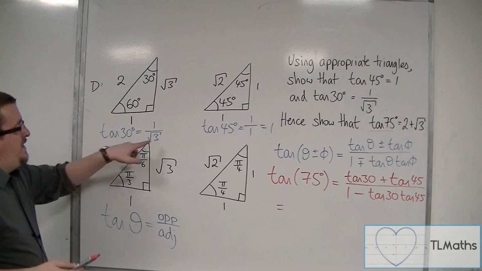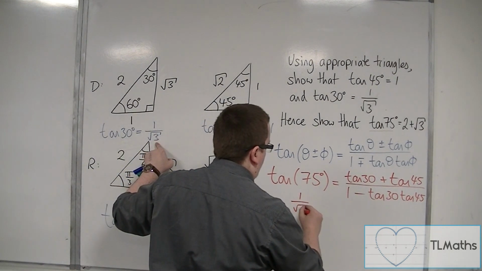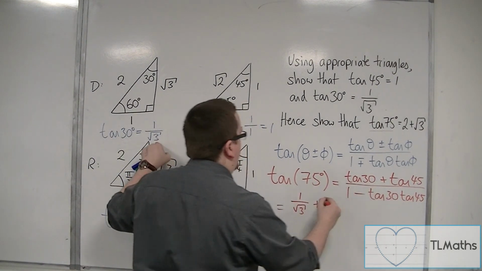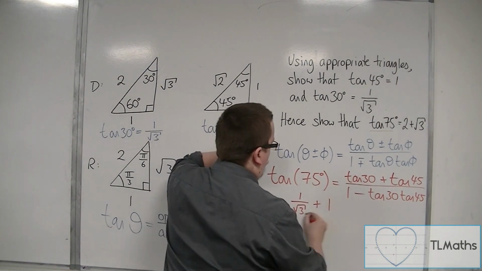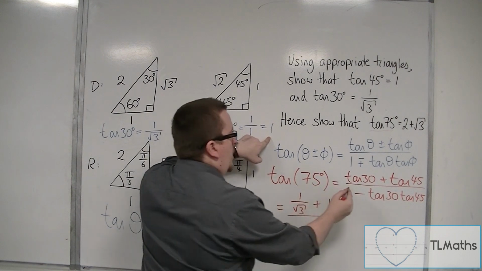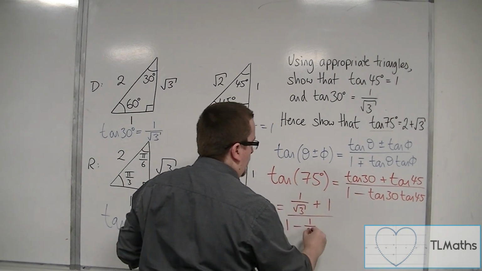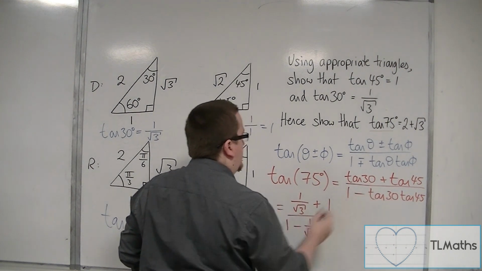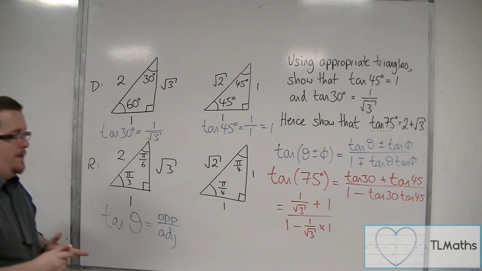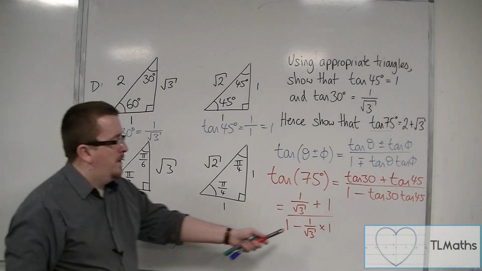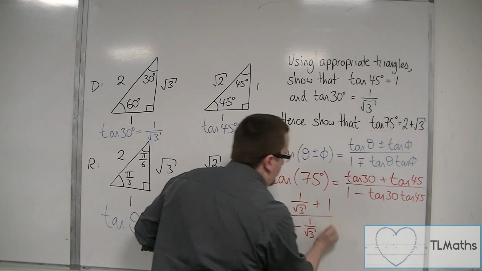Now tan of 30 was 1 over root 3 plus tan of 45, which was 1, divided by 1 minus tan of 30 times tan of 45. Multiplying by 1 down here isn't going to do anything, so I can get rid of that.